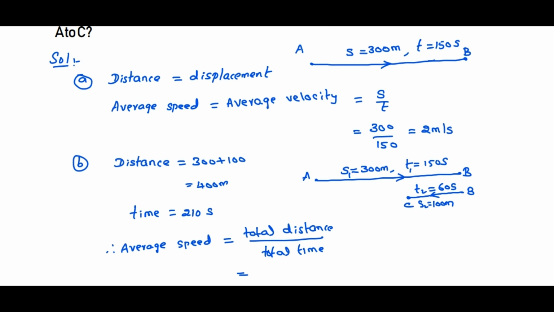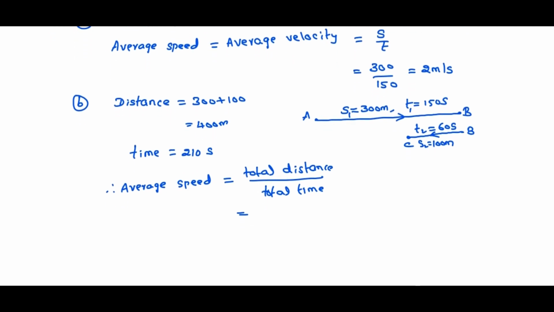According to this, total distance is 400 meter, total time taken 210, so there is 40 divided by 21, it is nearly 1.9 meter per second.